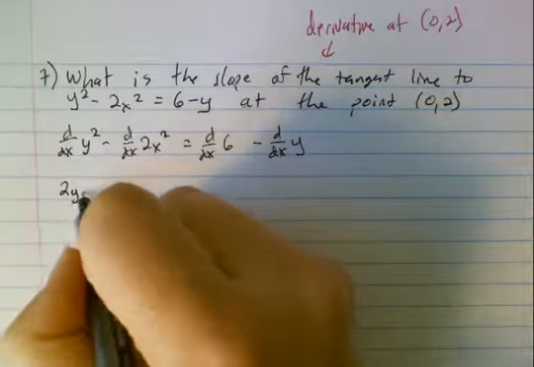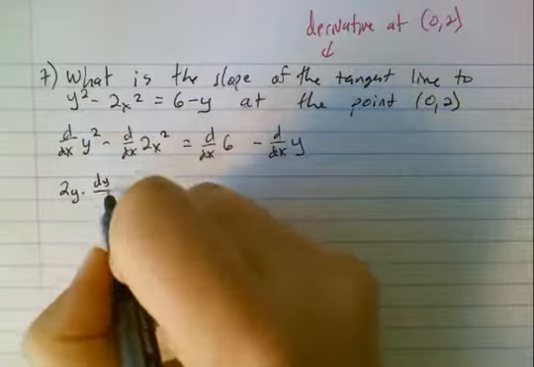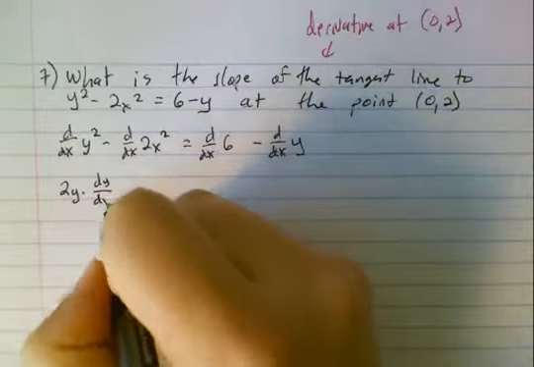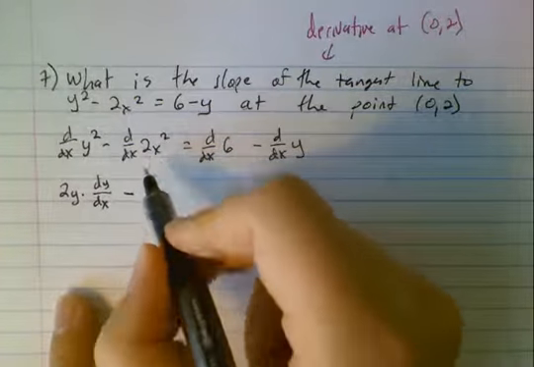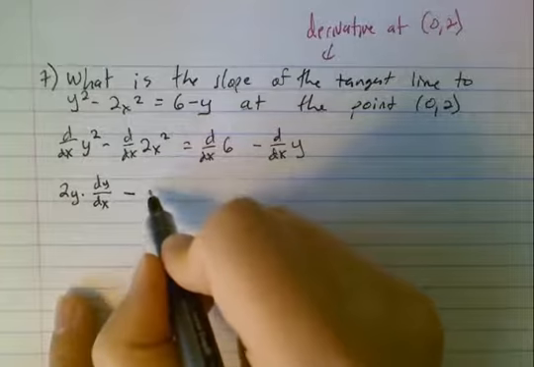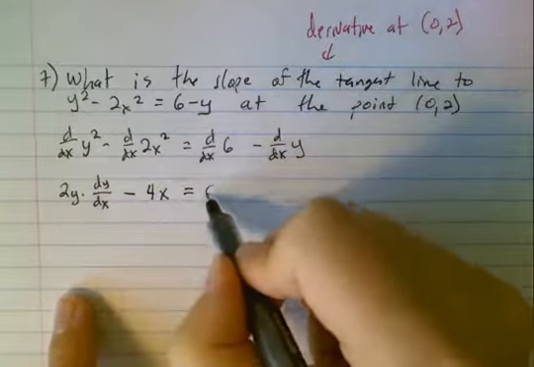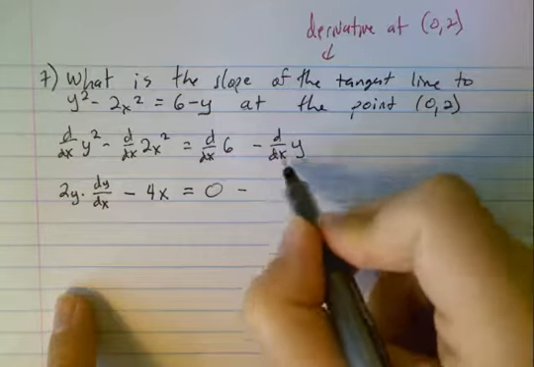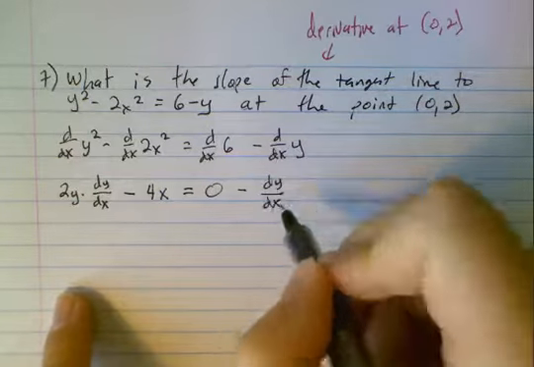So we do 2y, and then we're doing the derivative of the inside function with respect to x. We don't know what y is, so we just notate it like that. These variables match, so it's just the standard. Bring down the exponent. 2 times 2 is 4x. Derivative of a constant is 0. And then this, again, that's that funky little chain rule thing because the variables don't match.